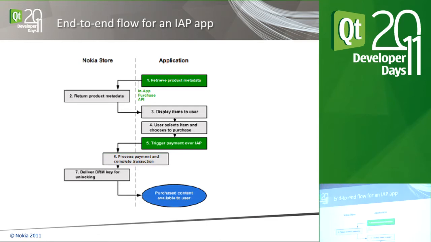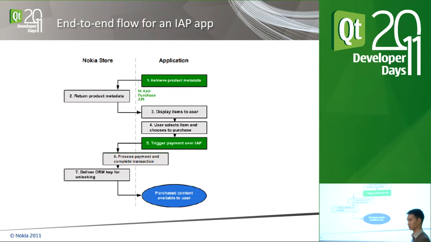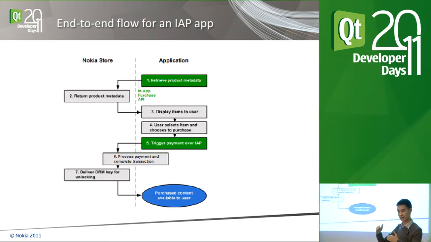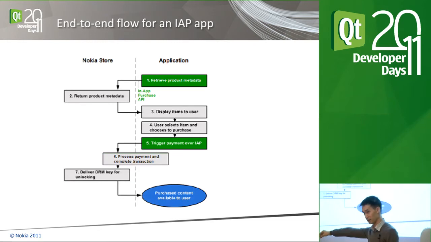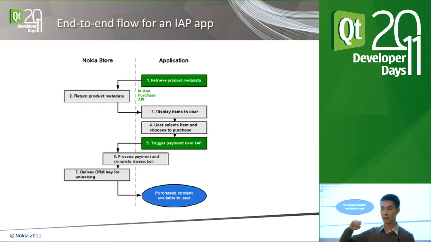So we're starting off with, as the application, I have a list of the in-app IDs that I know that I'm offering to the user. So let's say, again, the game with the 5 different levels. So I retrieve from the Nokia store the metadata, which is what I defined earlier in Nokia Publish, the display name, the short, long description, the price points. And then I display this information to the user.